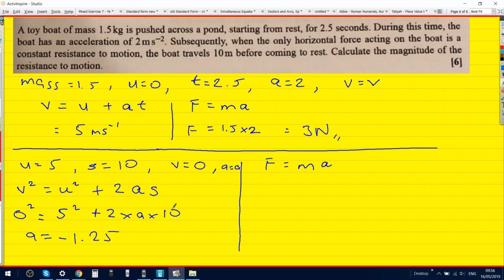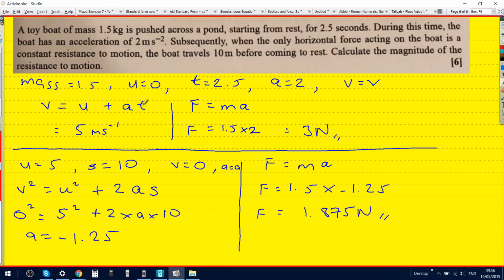And how do you use that to get the resistance to motion? 1.5 times 1.25 equals the force, which is 1.875 newtons. Yes, that's it.